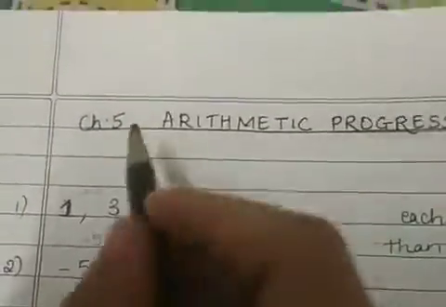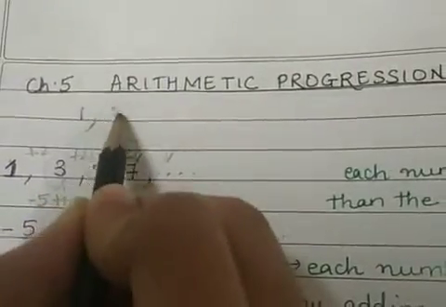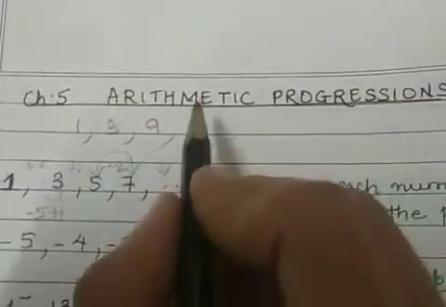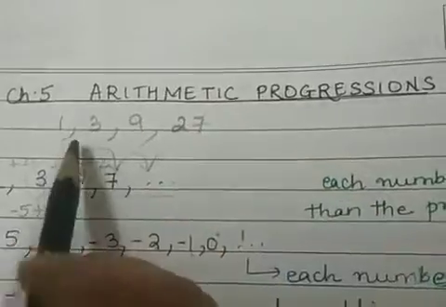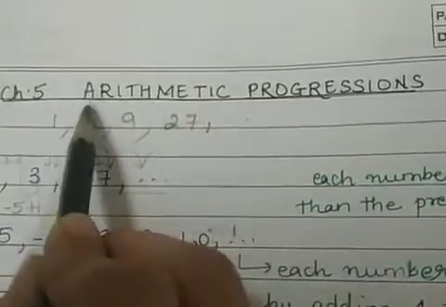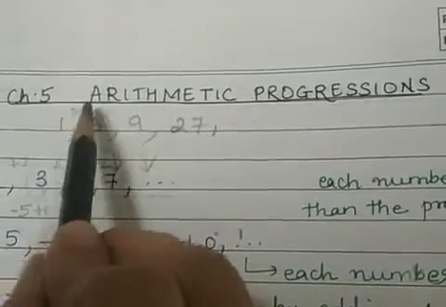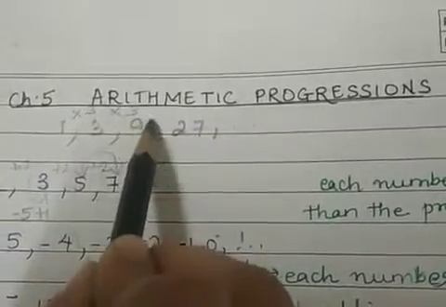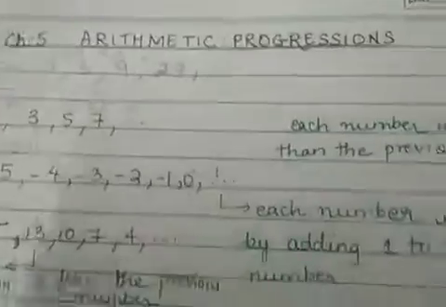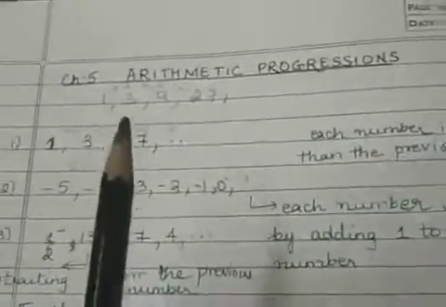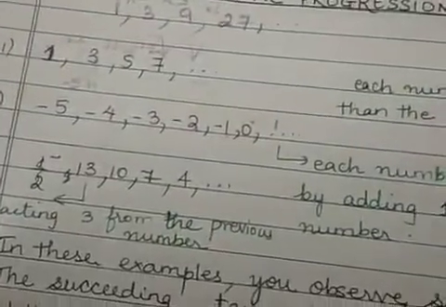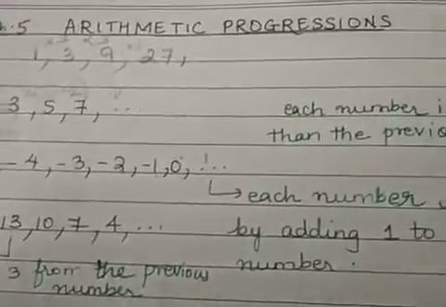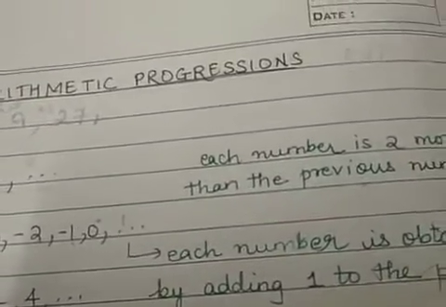I'll give you one example of multiplication. Here I get the next number by multiplying the previous number by 3. 3 3s are 9, 9 3s are 27. So you can see that each of these numbers is obtained by adding, subtracting, or multiplying a fixed number to the previous number.